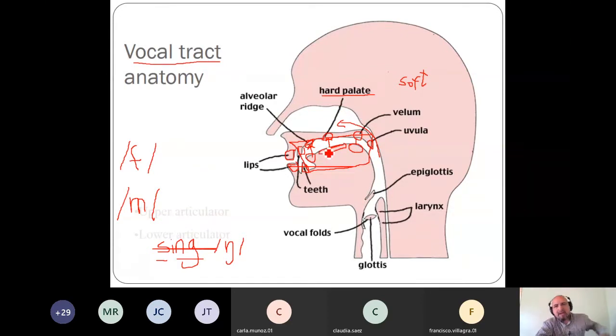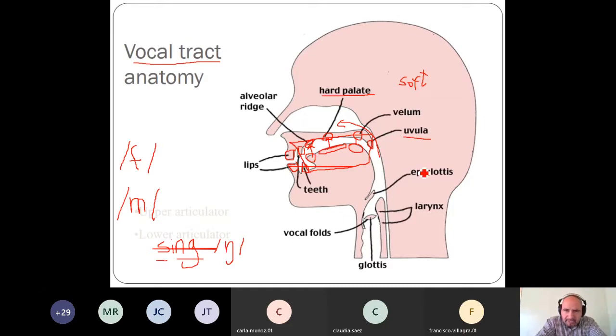Most of the sounds are oral, but there are some that are nasal. That happens when the uvula is lowered. If the uvula is raised, it's blocking the passage of air, so the airstream has to go through the mouth, okay?